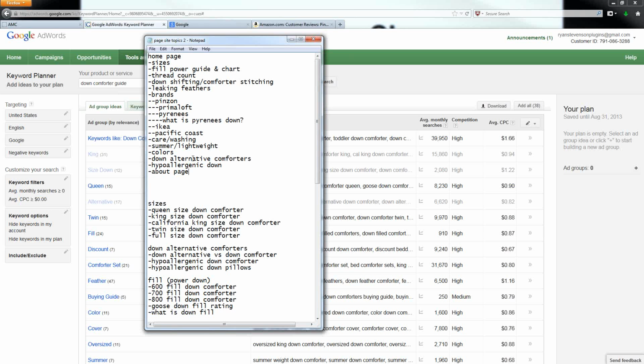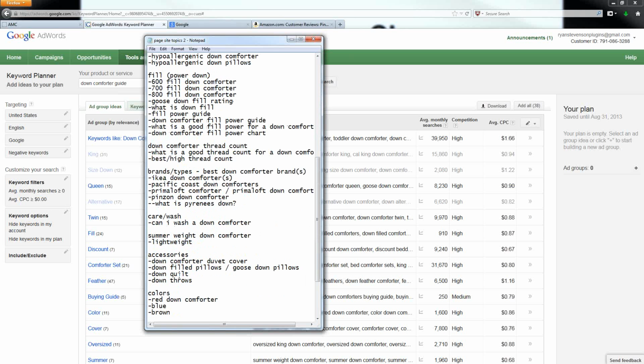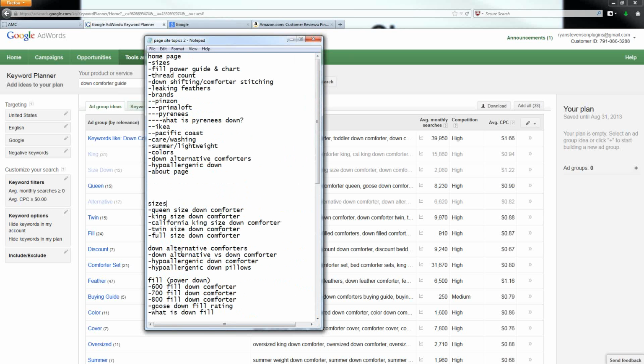So when I go through and build the content of the sizes page, I can look back down below and see what keyword phrases I'm looking to target on that particular page. If other keyword phrases end up working out on that page, I could target some of them there as well.